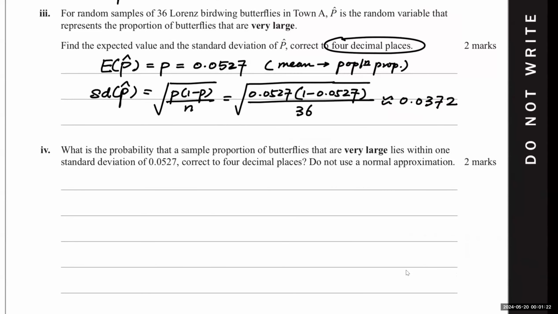What is the probability that a sample proportion of butterflies that are very large lies within one standard deviation of 0.0527, correct to 4 decimal places? Do not use a normal approximation. So this is like the probability of p hat larger than 0.0527 subtracting one standard deviation, less than 0.0527 plus one standard deviation above.